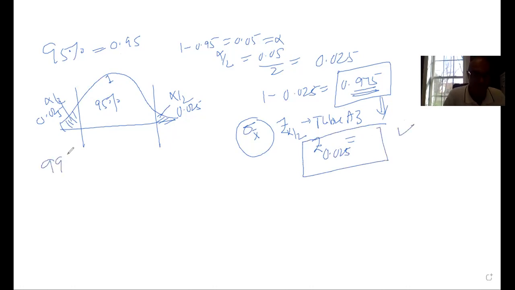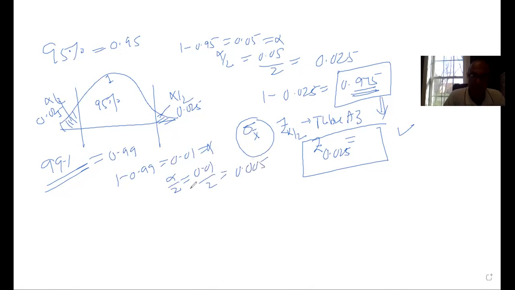In the same way, suppose you have 99%, that is equal to 0.99. So 1 minus 0.99 is equal to 0.01, and this is your alpha value. If you divide by 2, 0.01 divided by 2 is 0.005. So this is my alpha by 2 value. If you again draw the normal curve, this is the region alpha by 2, 0.005, and this is 99%.